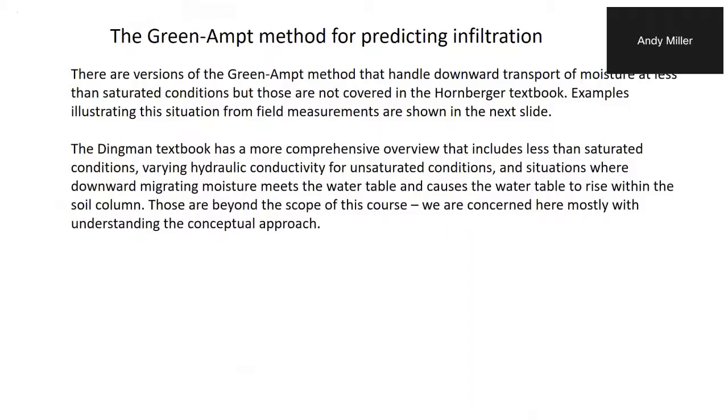It's possible that plug of water meets up with the water table and causes the water table to rise. But that's not incorporated in the approach to the Green-Ampt method we're using here. It's not incorporated in the version of the Green-Ampt method from Dingman that we're going to see in the other spreadsheet. But if you read Dingman's chapter, he shows you how to account for those other alternatives. It's just that we don't want to take the time to go into all those things here, because we're most interested in getting the fundamental concepts down.